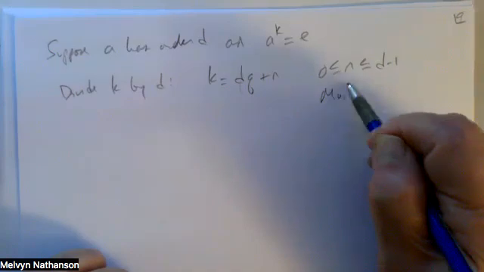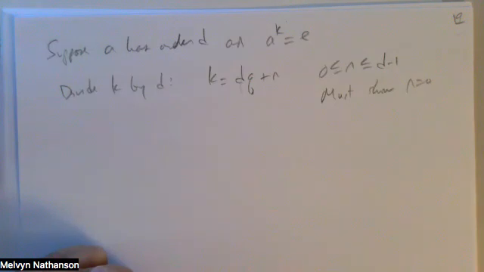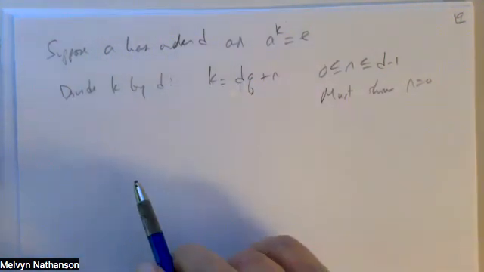I want to show r is 0, so that d divides k.